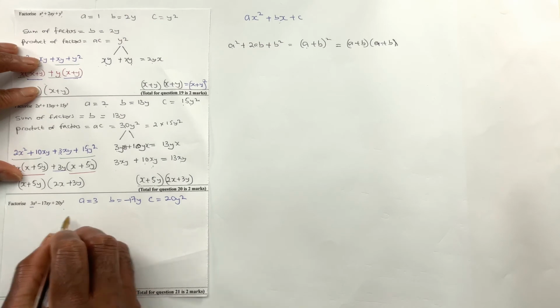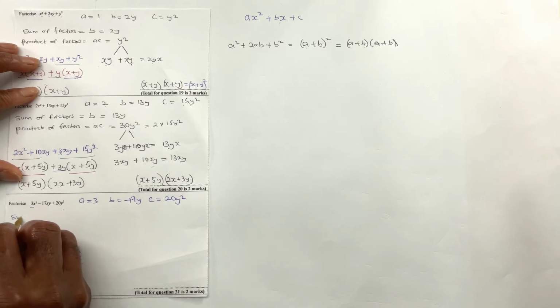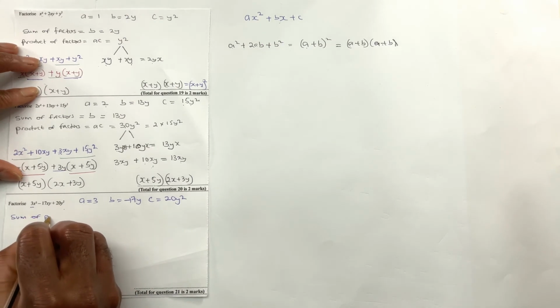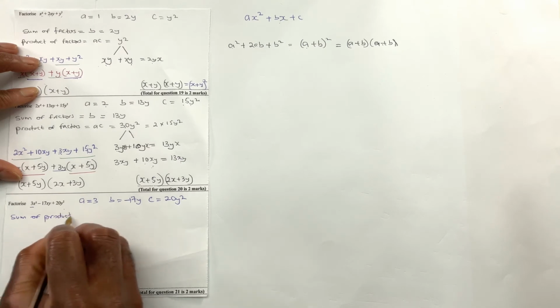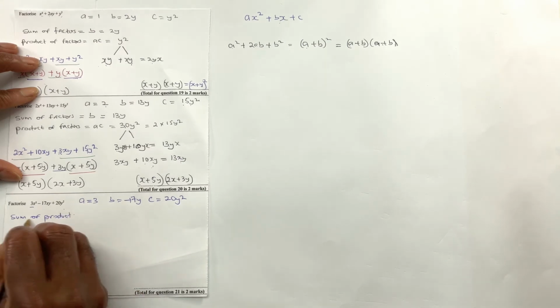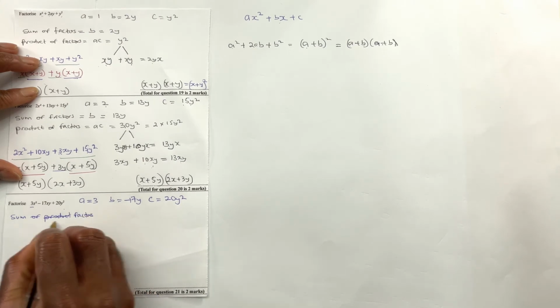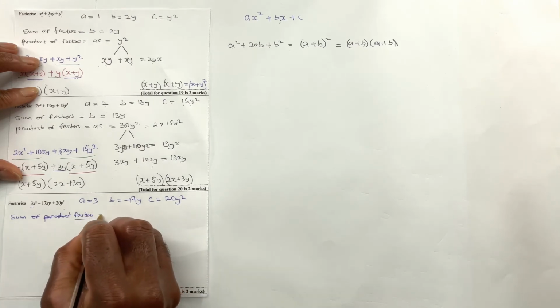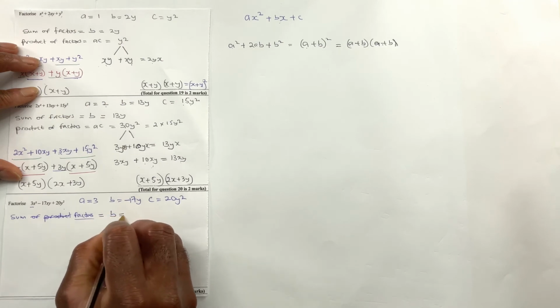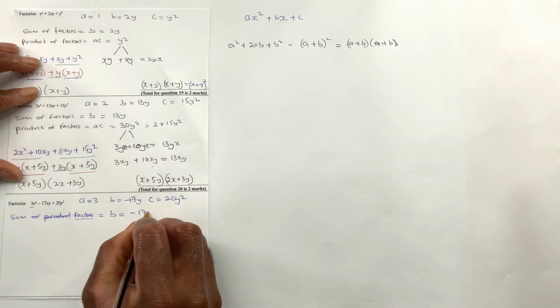Now I need to find sum of factors, and that will be equal to B, which equals minus 17y.